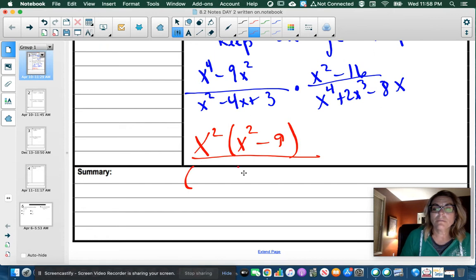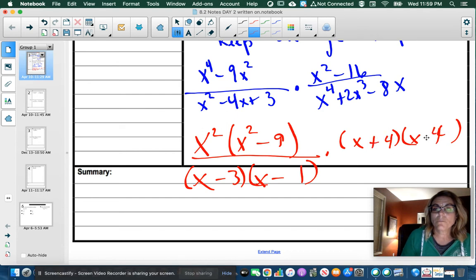And on the bottom, x and x, two numbers that multiply to 3, 3 and 1. They multiply to a positive 3 and add to a negative 4. So they both are negative. Over here, x squared minus 16, that's the same as x and x, 4 and 4 times 4. One's a positive, one's a negative.